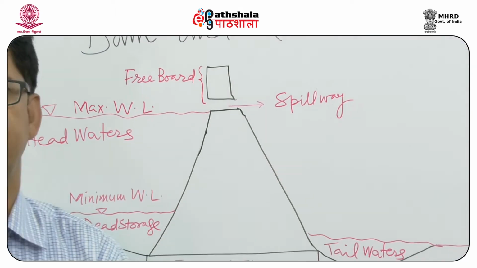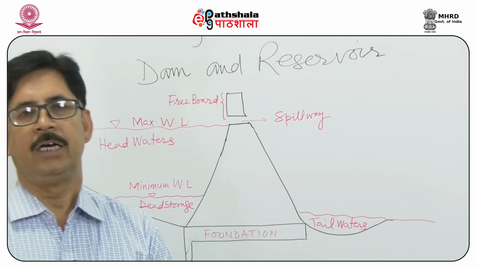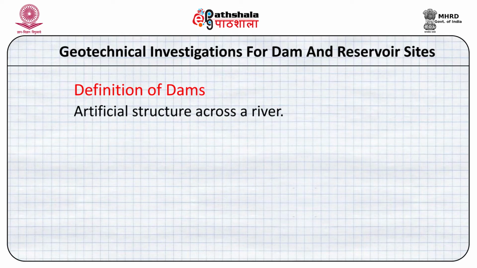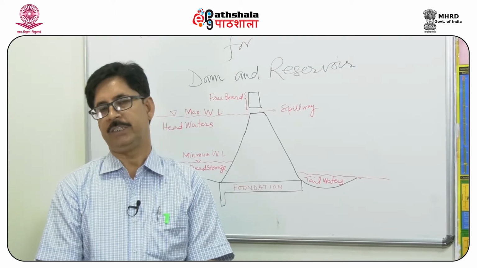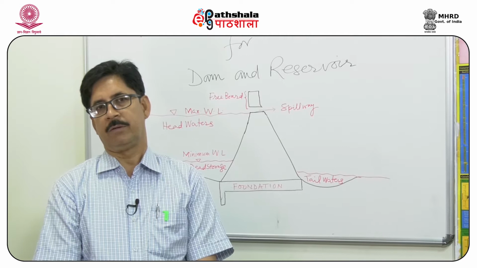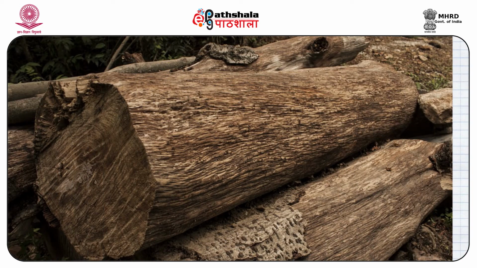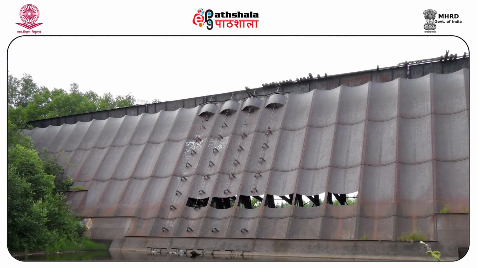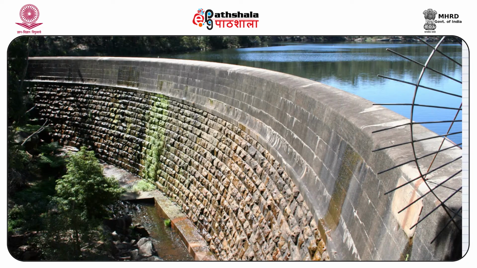Dams are defined as artificial structures made across a river in a river valley using different kinds of material. We can use wood logs, wood planks, steel planks, rocks, earth and masonry for making dams.